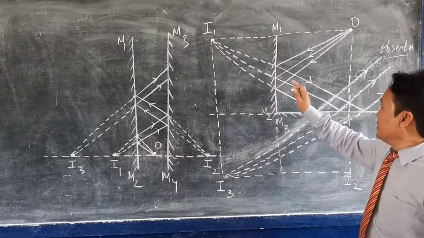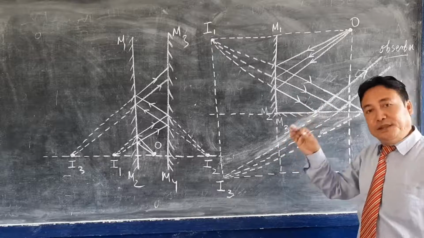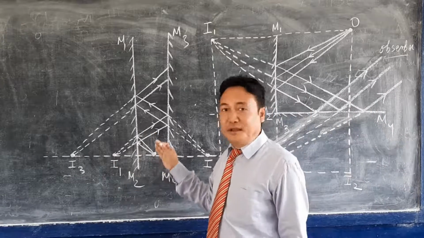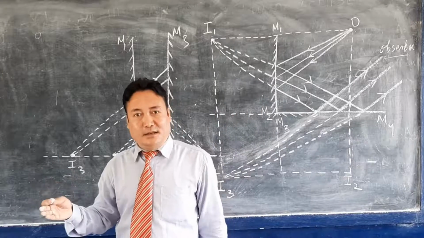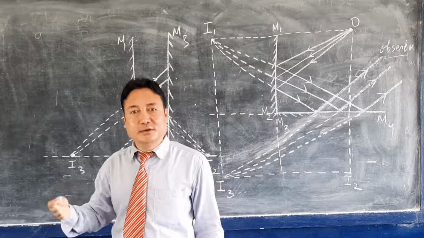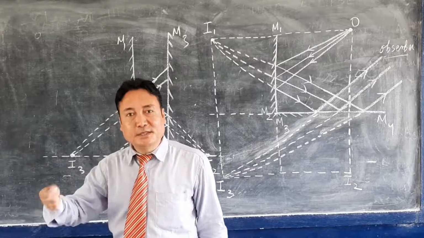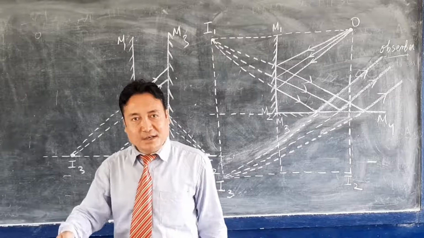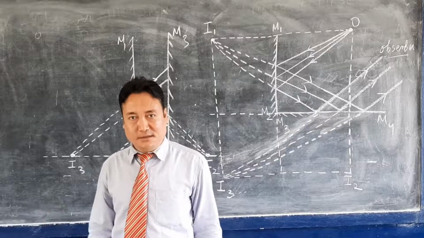This way you can find the number of images formed by plane mirrors at an angle of 90 degrees, or at other angles such as 40, 50, 60 degrees. To calculate the number of images, you use the relation n equals 360 degrees divided by theta, minus 1, where theta is the angle.